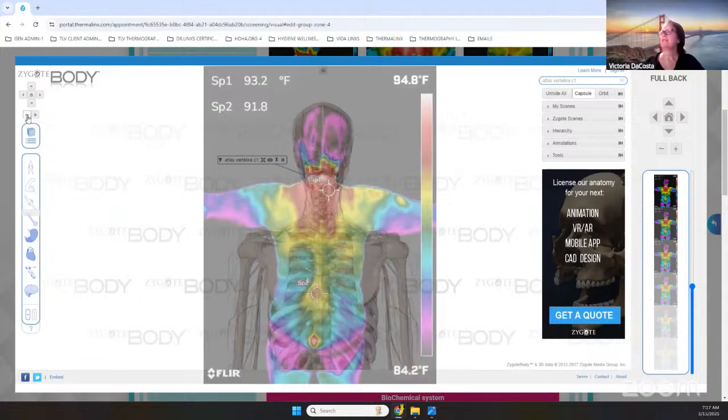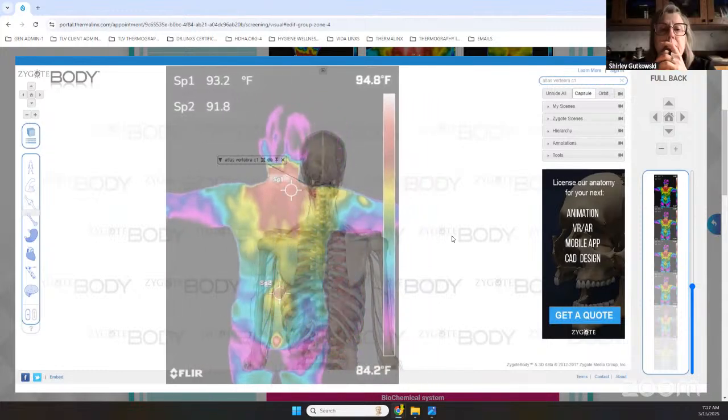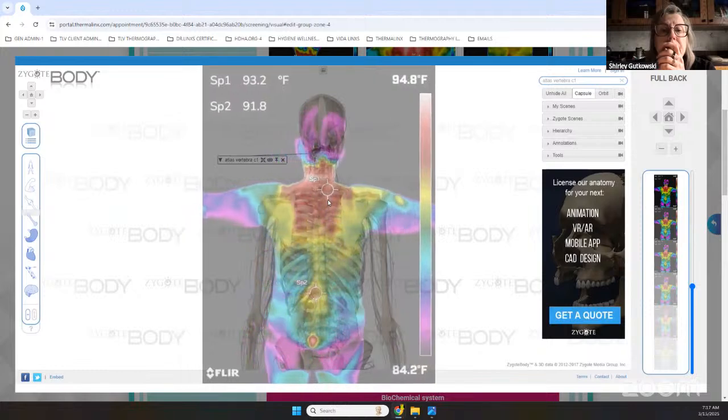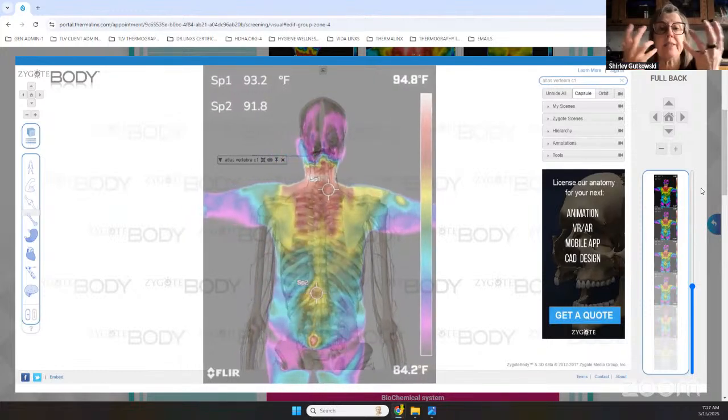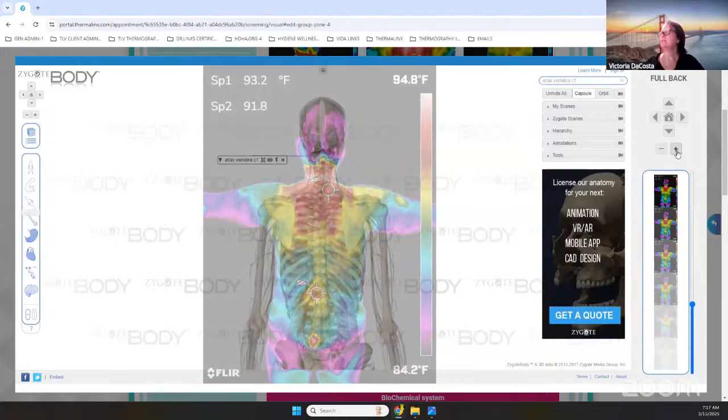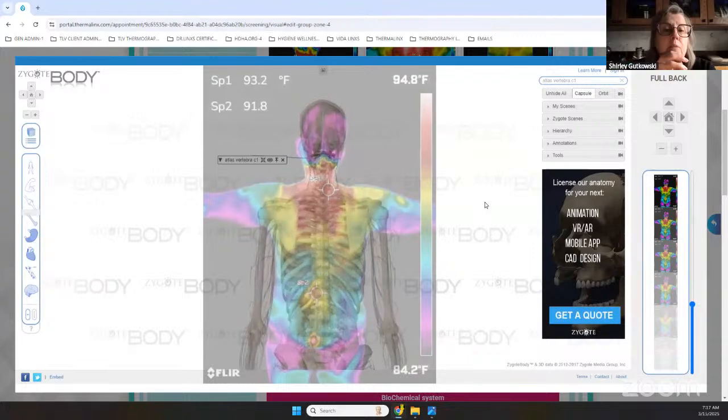Yes. So we have a little discrepancy in the sizes there, but that's easy enough to change too, because everybody's going to be a little different size. That's about as far as I can get it.